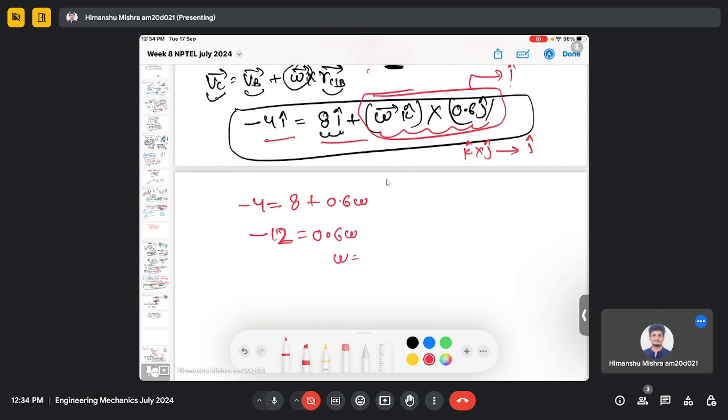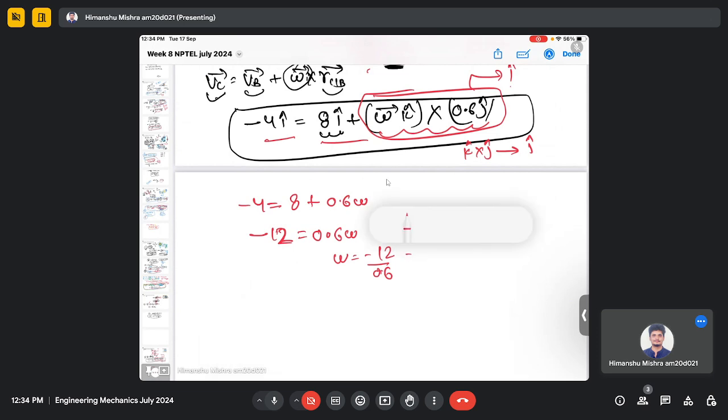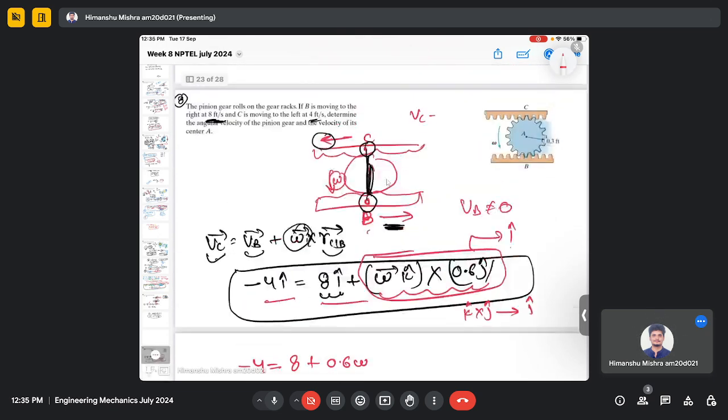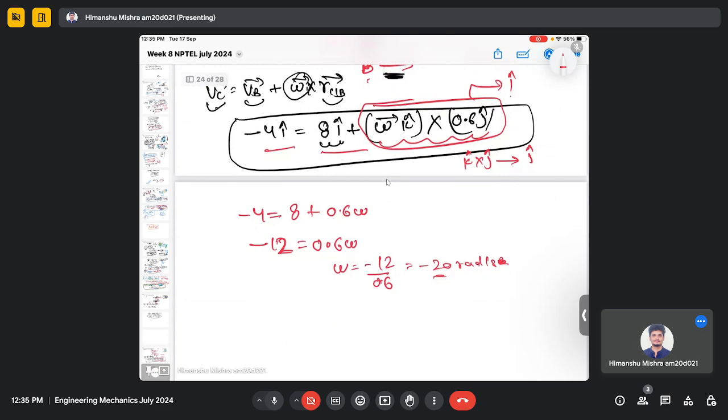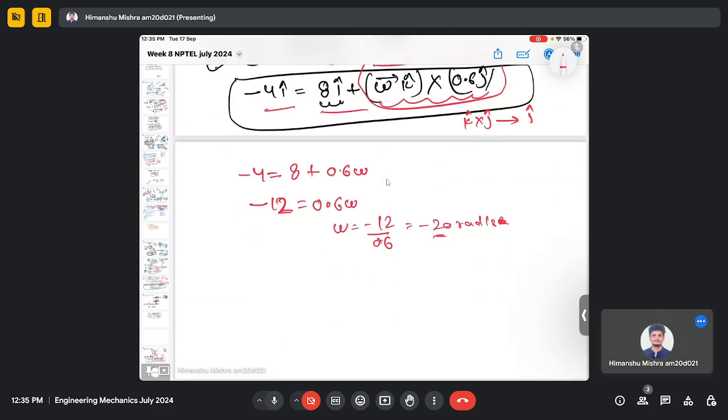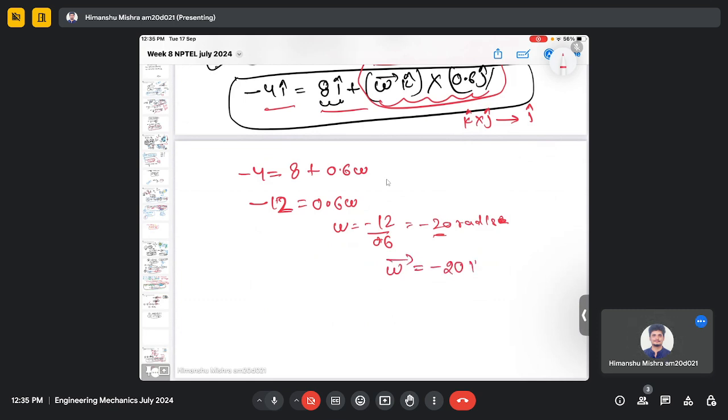So omega is minus 12 by 0.6, which is minus 20 rad per second. Minus 20 means the direction of omega is clockwise. So I can write this omega vector as minus 20 k cap rad per second. This is the angular velocity that we needed to find.